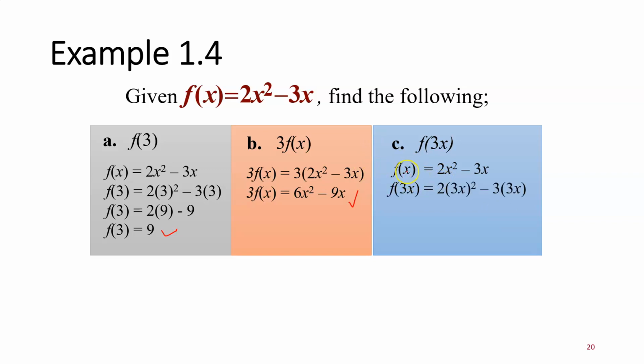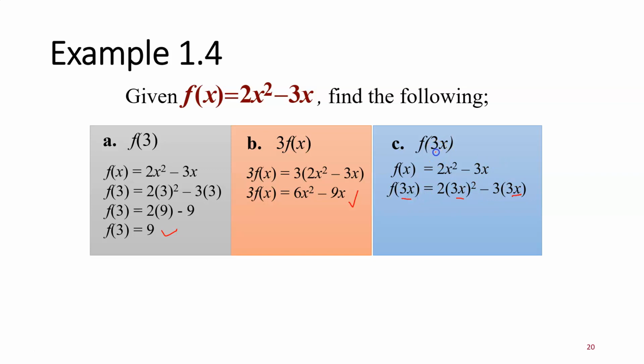You substitute the x, now it becomes 3x. Ganti masuk 3x ke x. So you have no x anymore. All you have is just 3x. So this one is 2 times 3x square minus 3 times 3x. So all x you substitute with 3x.